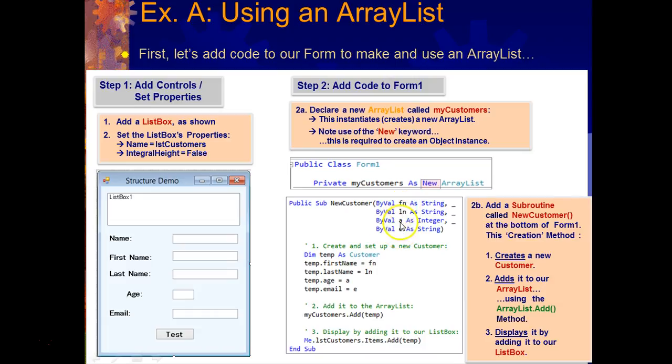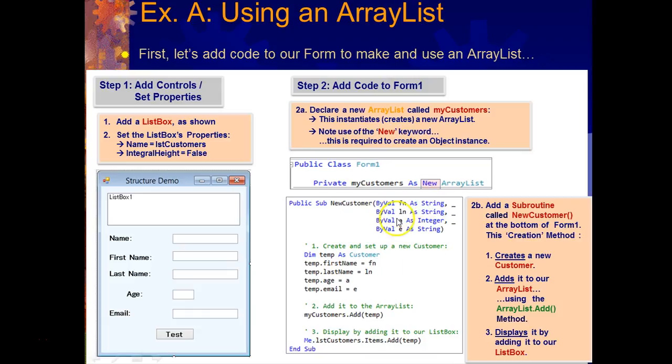The first parameter is going to be the customer's first name. You can see that we're declaring a customer called temp, and then giving it a first name, a last name, an age, and an email based on what's passed to this new customer subroutine.